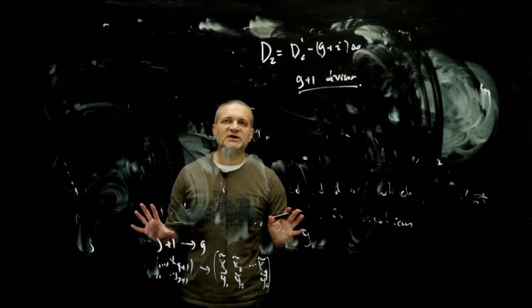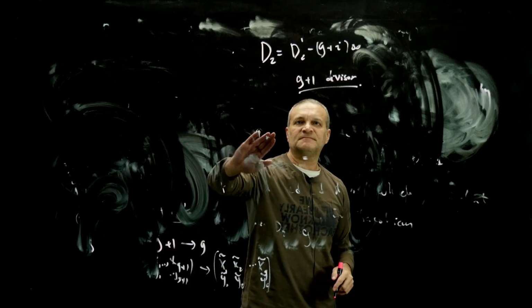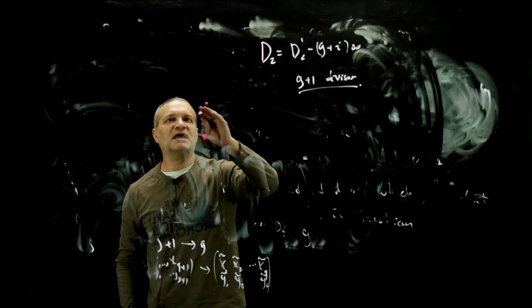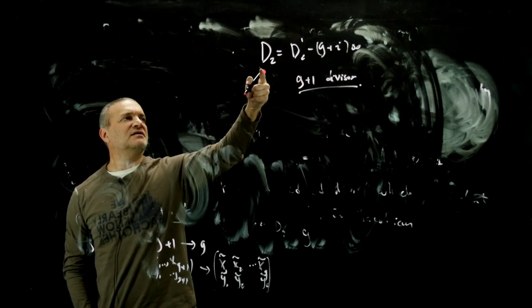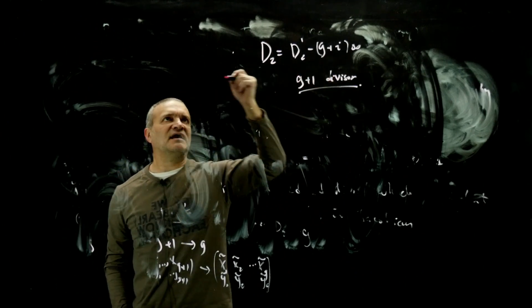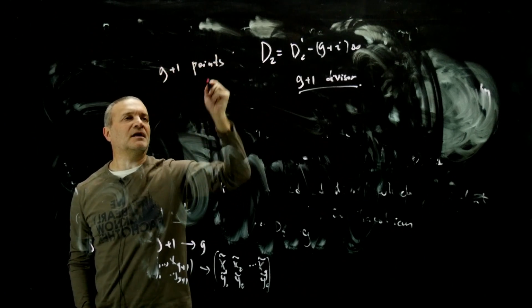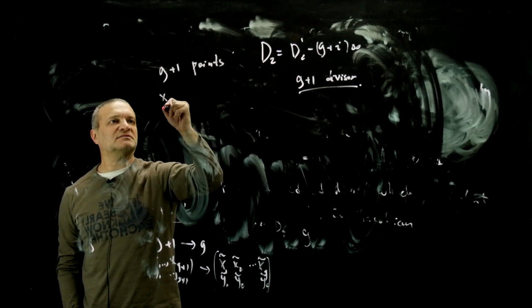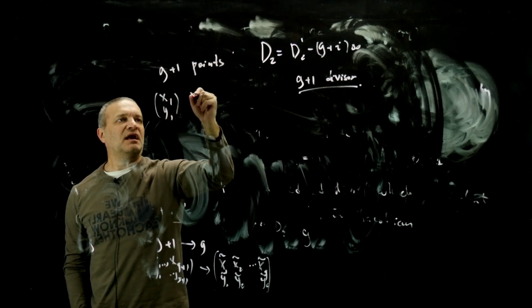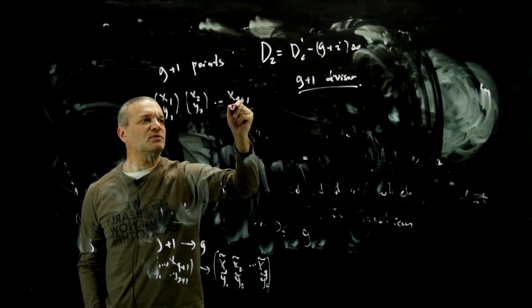So now we're actually starting as Cantor did. What Cantor did, he said, okay, if I have a D2 like this, let's say that I have g plus 1 points, where I have x1, y1, x2, y2, and so on, up to x(g+1), y(g+1).